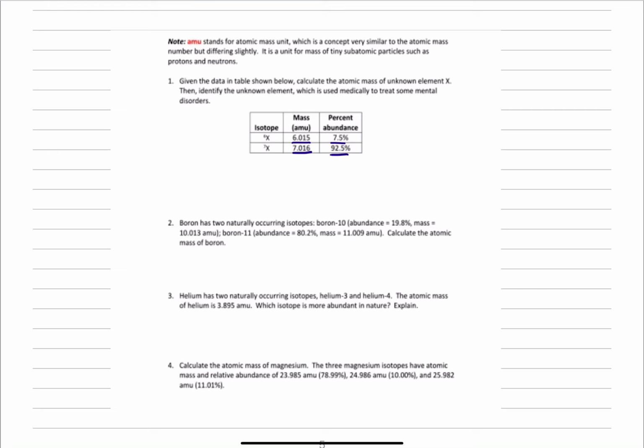So I would put these values in the formula. Relative atomic mass, AR, is equal to the mass of the first isotope 6.015 multiplied by 7.5, plus 7.016 multiplied by 92.5, divided by 100, because the total percentage is 100.